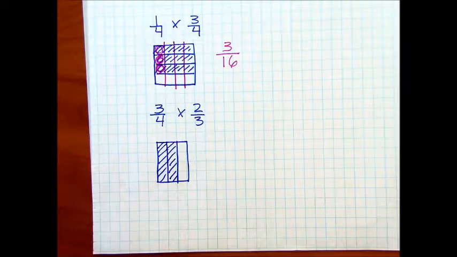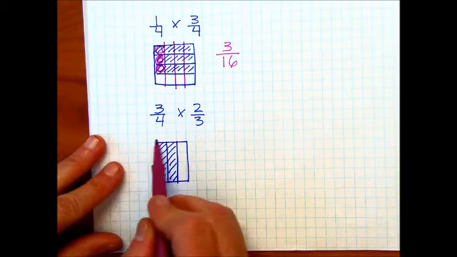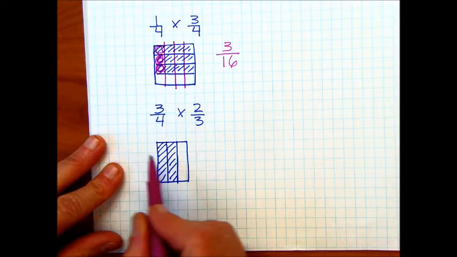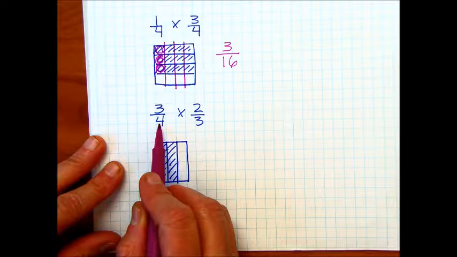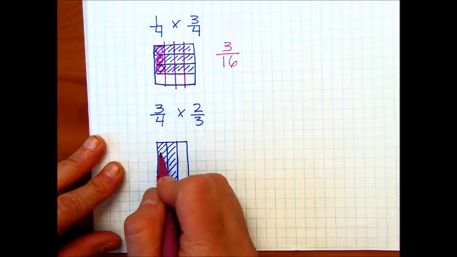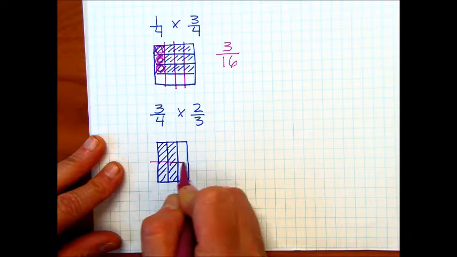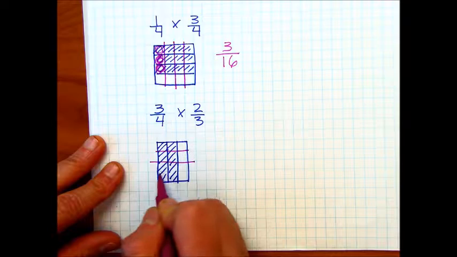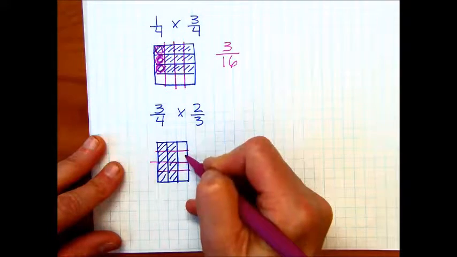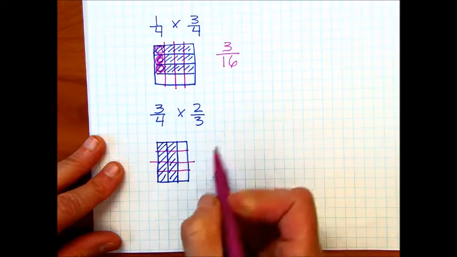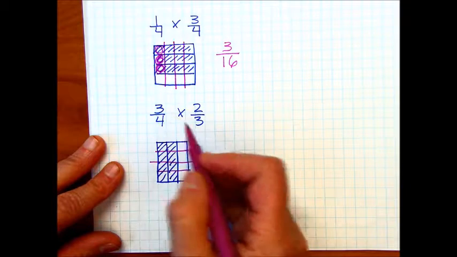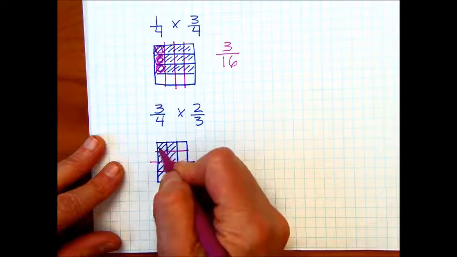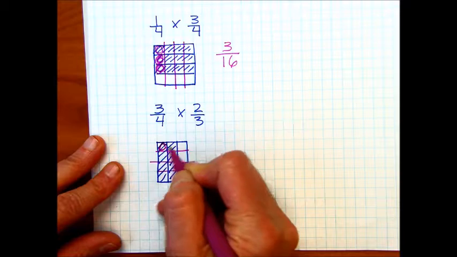But now I want to break up this model into fourths. Okay, and then I'm just going to shade 3 parts of those fourths. So here's a half, here's a fourth, and a fourth. So now I have 4 equal parts, and I'm going to shade 3 of the rows of those shaded parts.